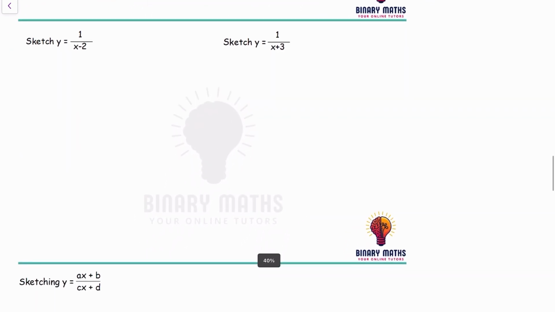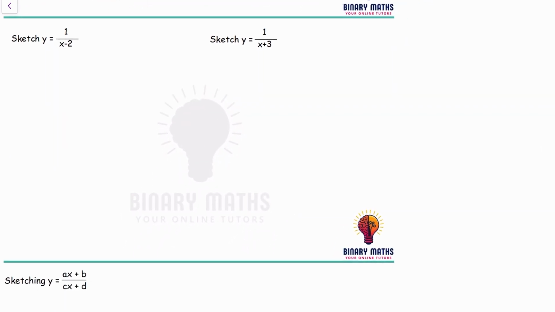Okay, these are a bit more difficult, but hopefully not too difficult. So first thing is you sketch y is equal to 1 over x minus 2. Now the first thing you know is the asymptote occurs when the denominator equals 0, which means that when x minus 2 equals 0, this means x is equal to 2.